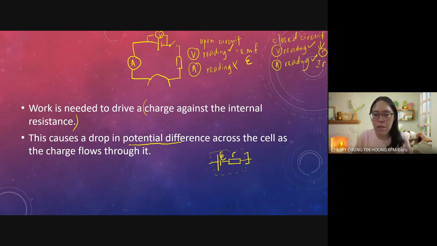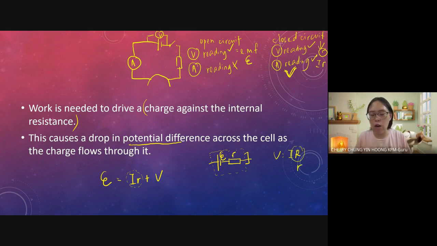Then the ammeter reading is actually caused by the current. This is your V. So actually your EMF is equal to IR plus your V. Don't forget that this comes from V equals IR, it is equivalent.